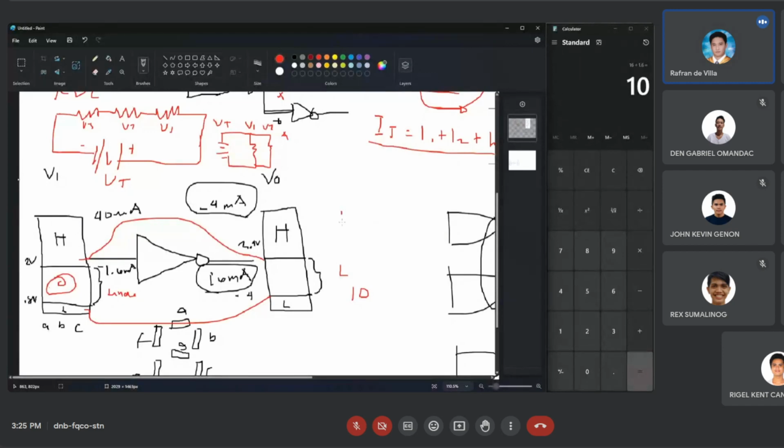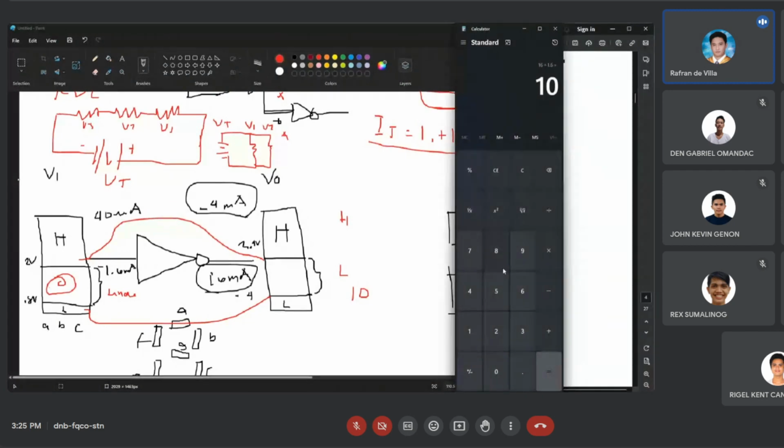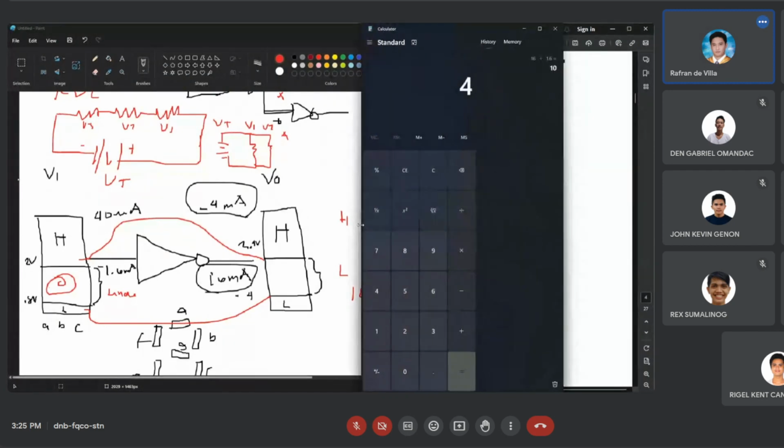Now, how about ang output niya is high? Okay, so as you can see, pila konsumo? 4 milliamps. Okay, so sa 4 milliamps, there will be 40 microampere nga pwede niya makontrol. Okay, so divide nato siya by 0.04.